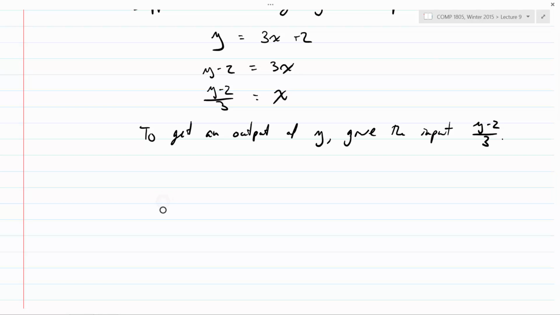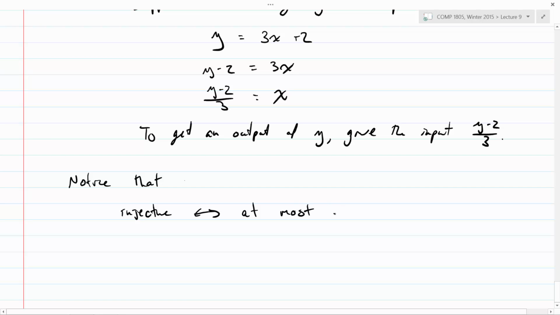All right. So notice that injective is the same as at most one image, and surjective is the same thing as at least one image.